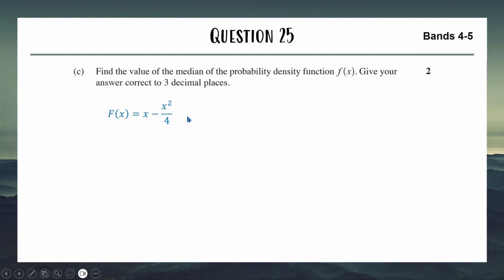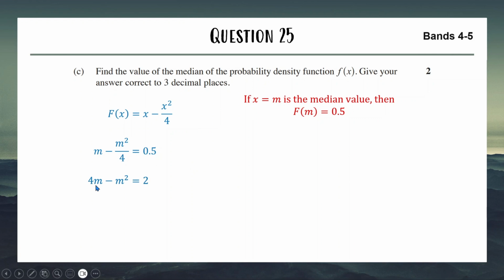So that's how we find our median. You set your CDF equal to 0.5, and I'm going to let x equal m. You can leave it as x if you want to, but I'm going to set x equal to m, then set the answer equal to 0.5, and solve for m. So we have m minus m squared over 4 is equal to 0.5, and we're just going to solve this quadratic. We're probably going to start off by multiplying everything by 4.